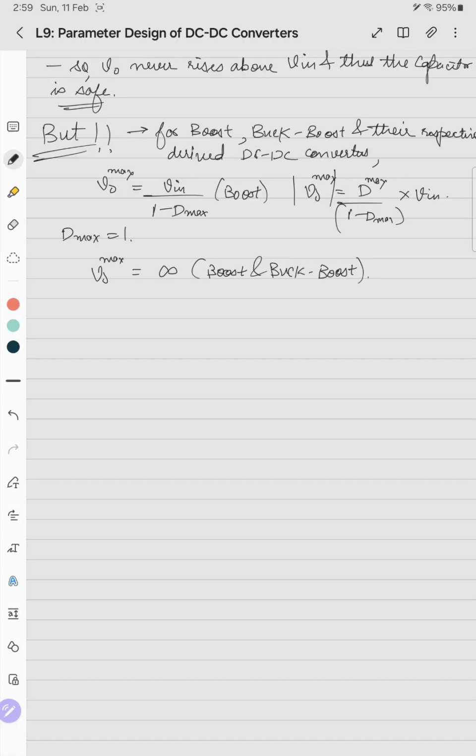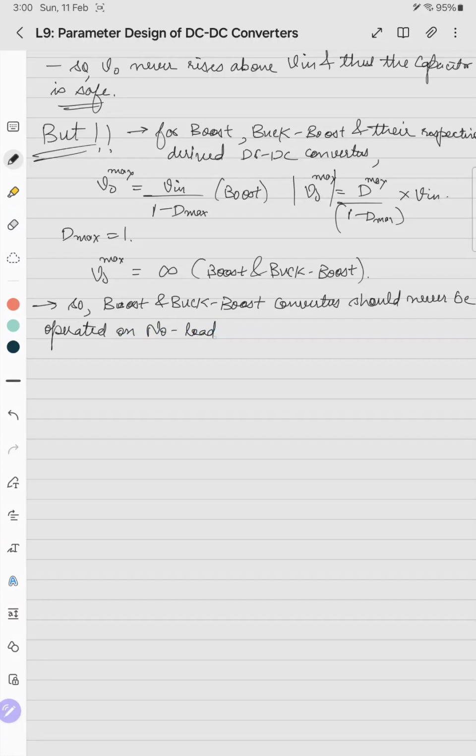So boost converter or buck boost converter should never be operated on no load. So boost and buck boost converters should never be operated on no load or NL conditions.